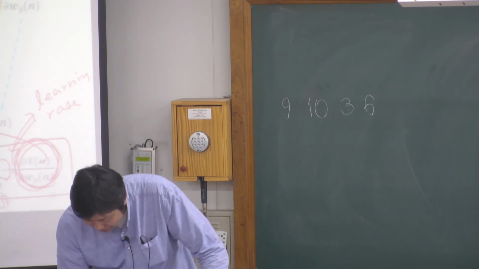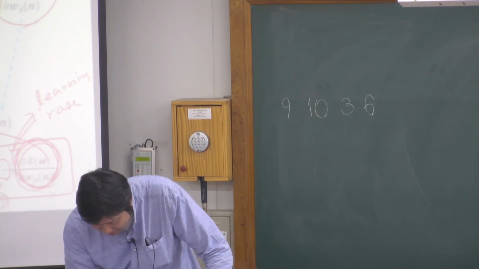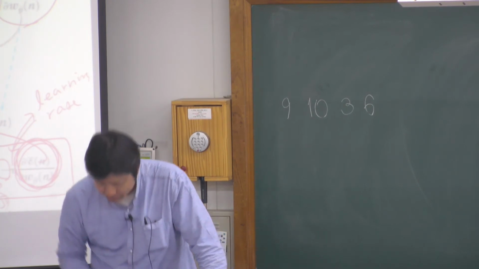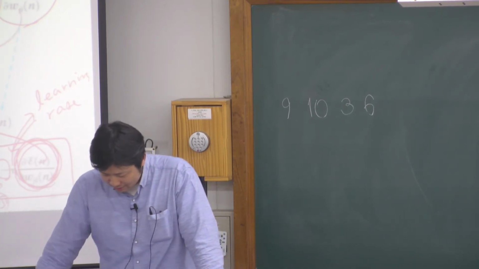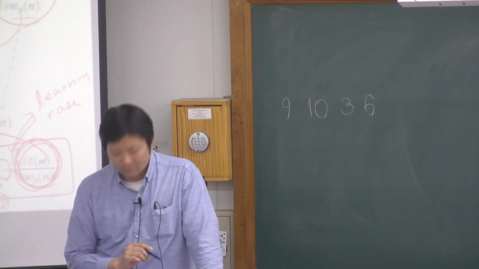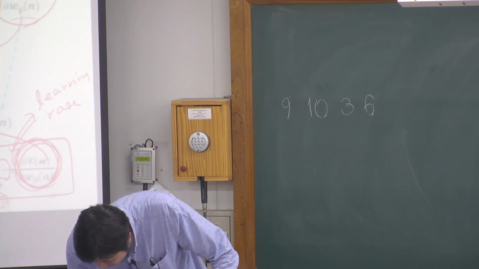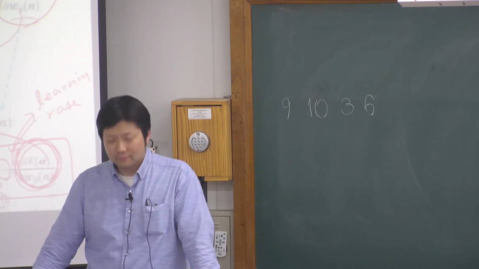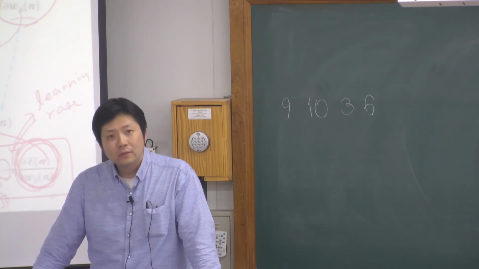Finally, the last term, this thing. So if you take the partial derivative from this one, then eventually you end up getting this Yi of n. 그죠?